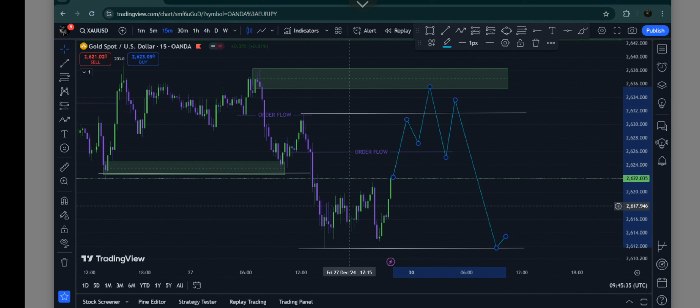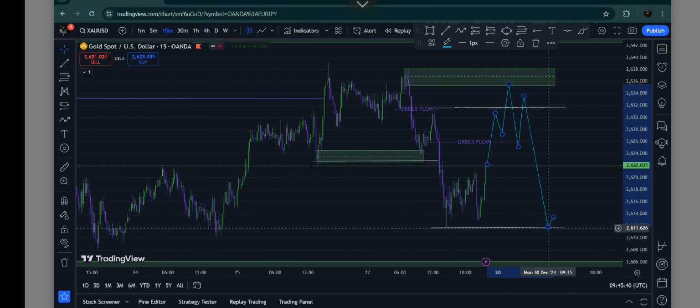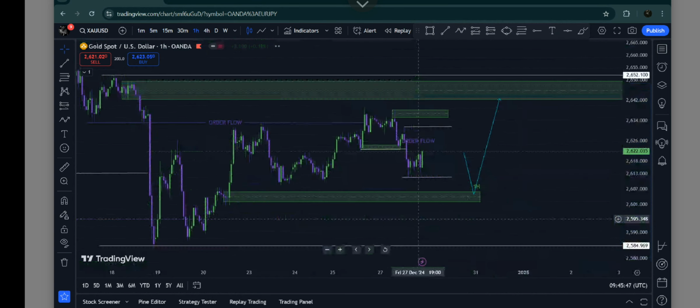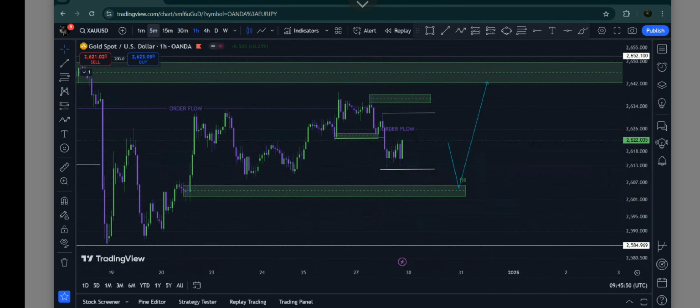So we'll be looking for price to retest this swing low. If price can push lower, our extreme target would be this extreme demand by the 1 hour. So we'll be targeting this demand within this range. And that's the idea for gold.